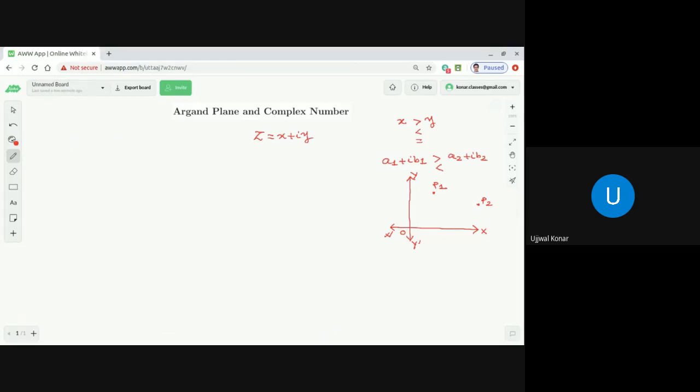Any complex number of the form z equal to x plus iy can also be represented by a point on the coordinate plane, also known as the complex plane or the Argand plane, by the ordered pair x comma y.